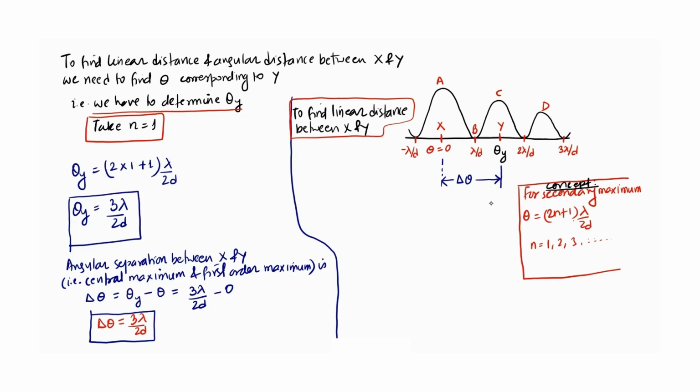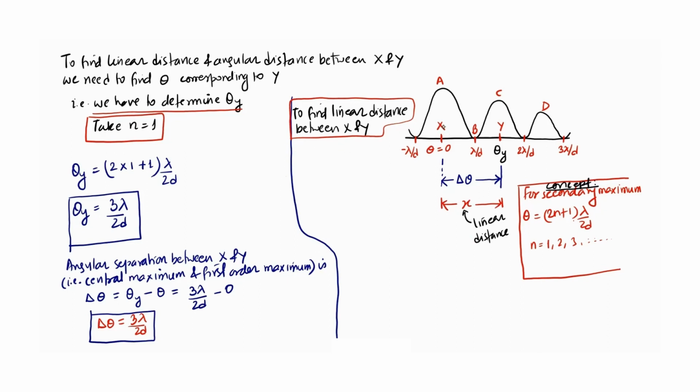Let's say the linear distance between x and y is this, okay. Let's say this is x, the linear distance. So what is this? This is linear distance.